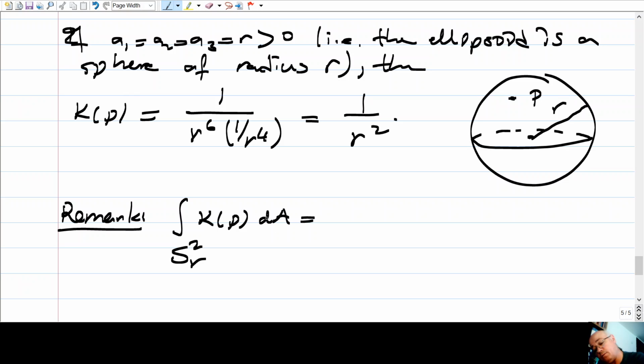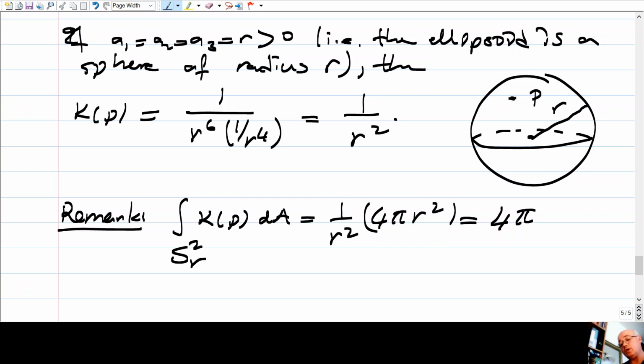This is the area form. This is just 1 over r squared times the area of the sphere, so it is 4 pi r squared. So you get 4 pi. In other words, what you get is independent of the size of the sphere. You always get 4 pi.